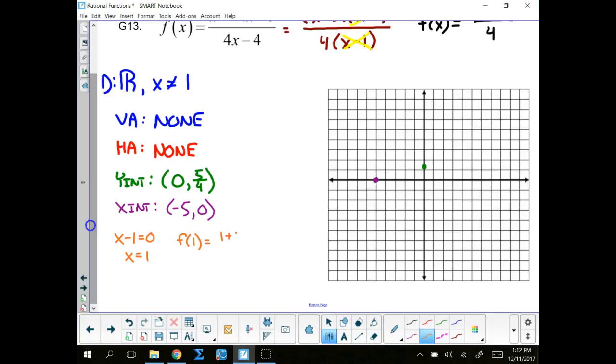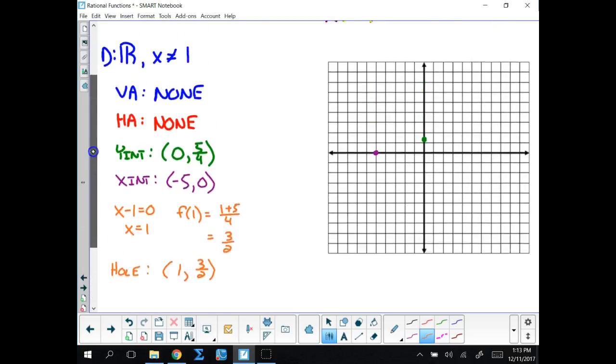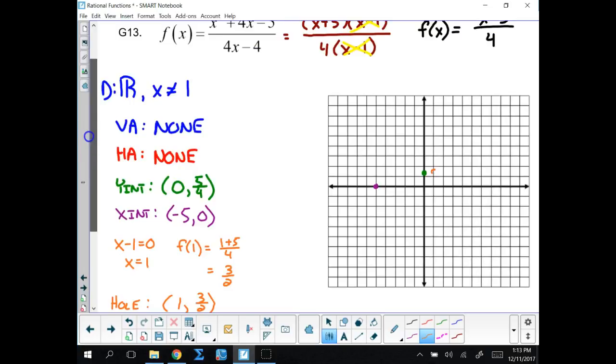So that's going to be 1 plus 5 over 4. 1 plus 5 is 6. 6 divided by 4 is 3/2. So that tells me that my hole is at the point 1 comma 3/2. Correct? Yes, yes, yes, and yes. 1 comma 3/2 is right there.